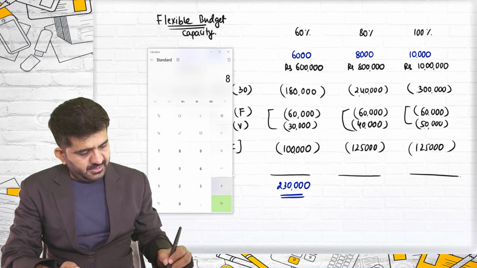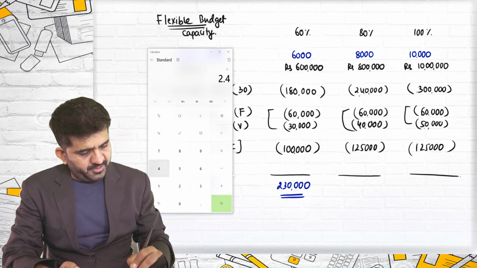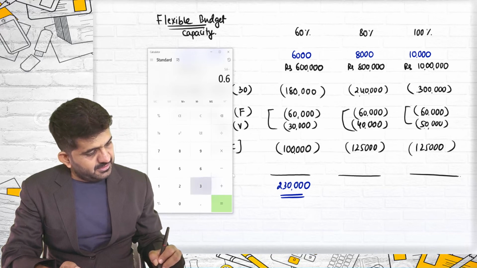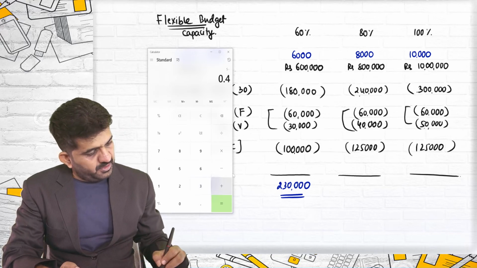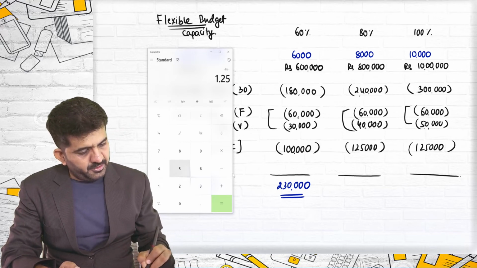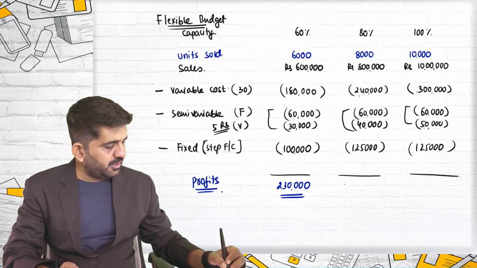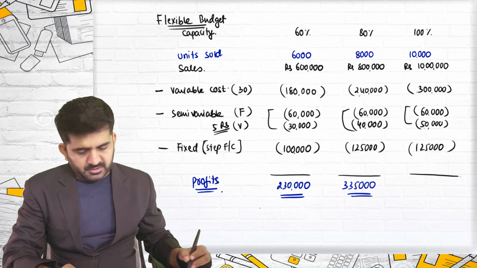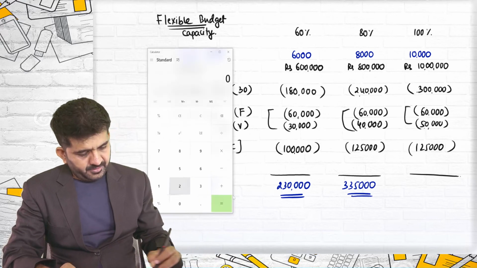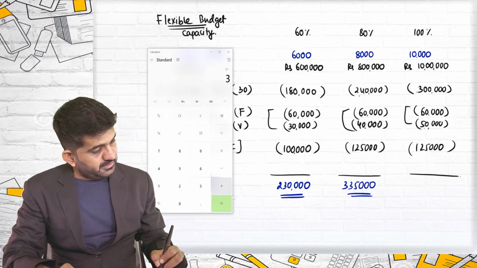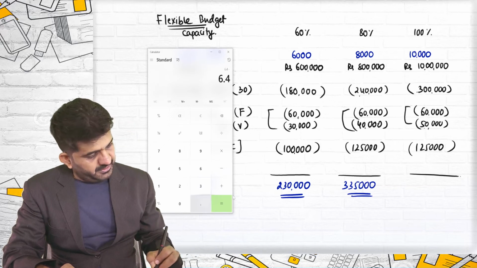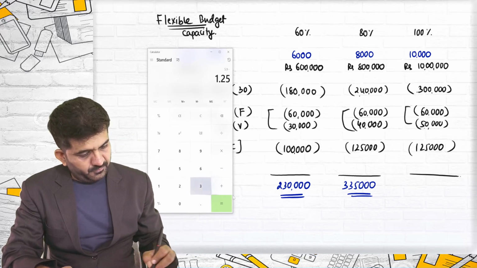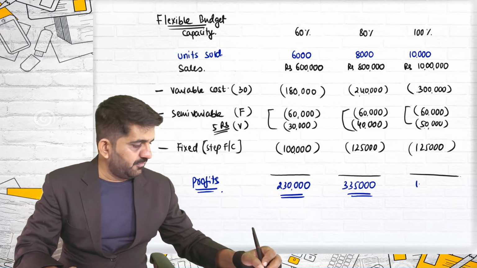This is 8 lakhs minus 2.4 lakhs minus 0.6 lakhs minus 0.4 lakhs minus 1.25. It is 3,35,000. This is 10 lakhs minus 3 lakhs minus 0.6 minus 0.5 minus 1.25. 4 lakhs 65,000.